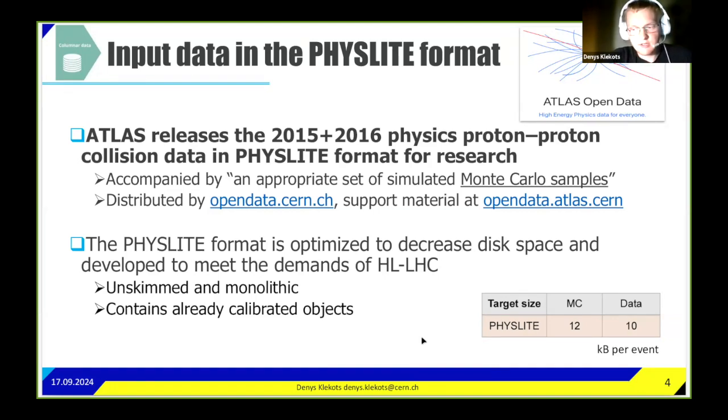This data, what the ATLAS collaboration released, is physically measured data from 2015 and 2016, and it's a really large amount of data, and all of that is stored in the PHYSLITE data format. And now it is open, this data is openly published.